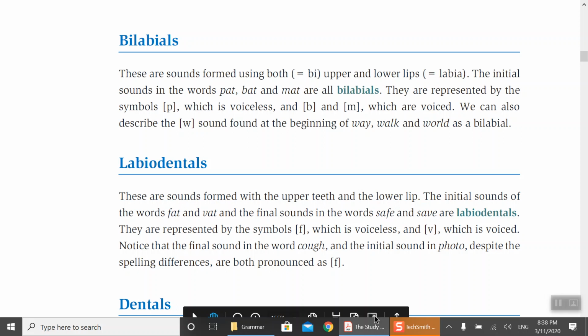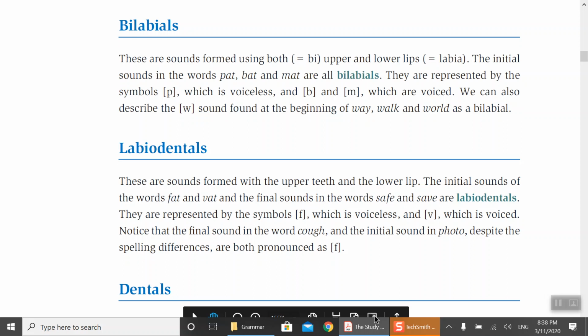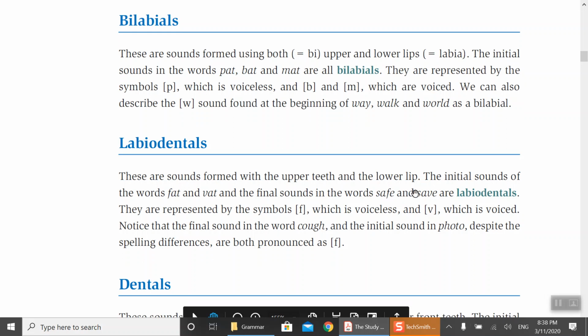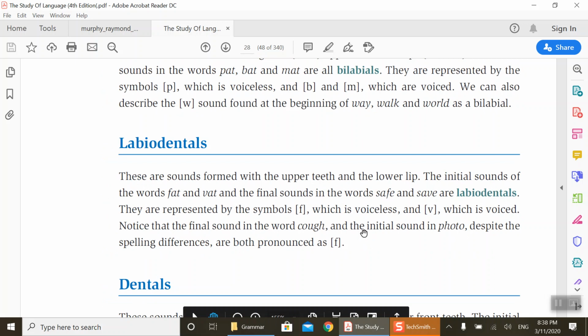Okay, or you can say when there is touch between upper teeth and lower lip, like save. Voiceless, and these details are there, it gives them to you. Photograph, despite the spelling beginning with P H, it is not a P sound, it is f, photo.